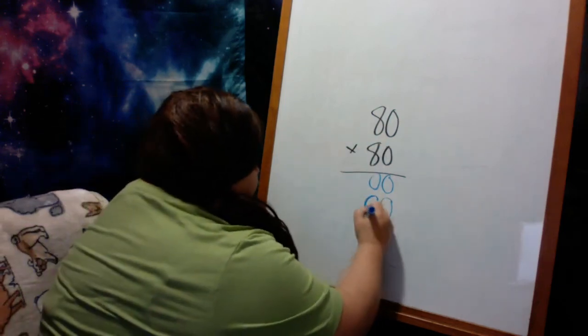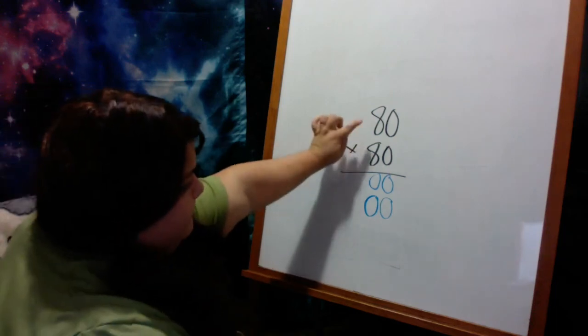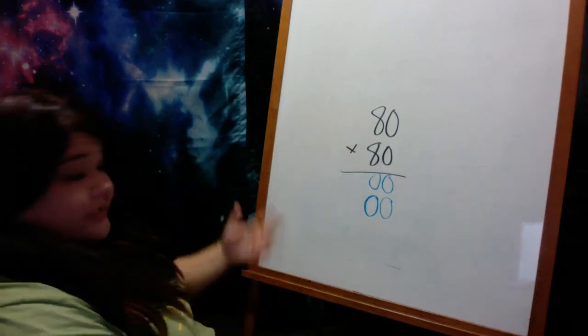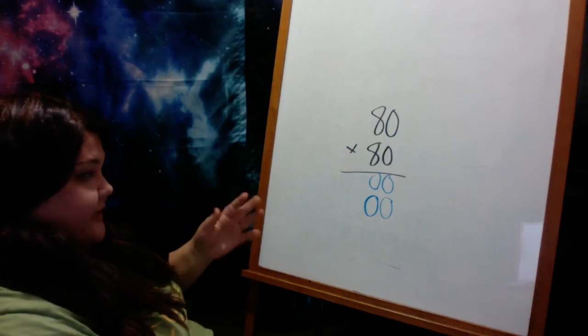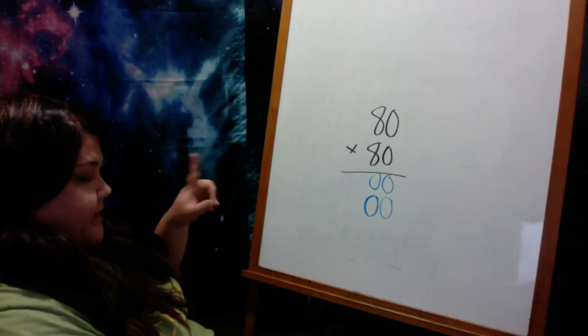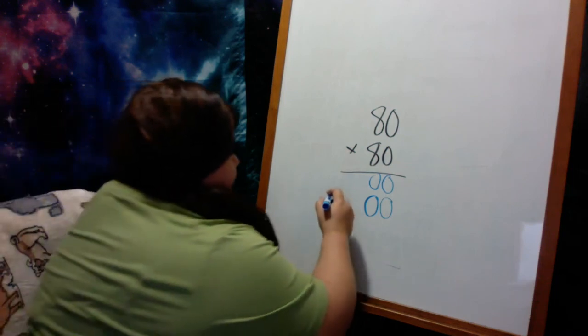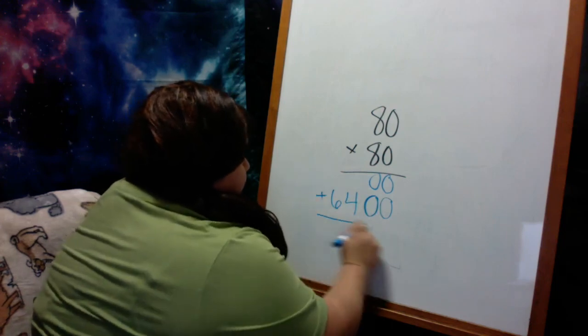Still 0. Now I have something to actually think about. Now I have to do 8 times 8, which is a hard fact. 8 times 8 is one of the hardest facts. The 8s are very difficult, the 7s are very difficult, the 6s are very difficult. But 8 times 8 gives me 64.